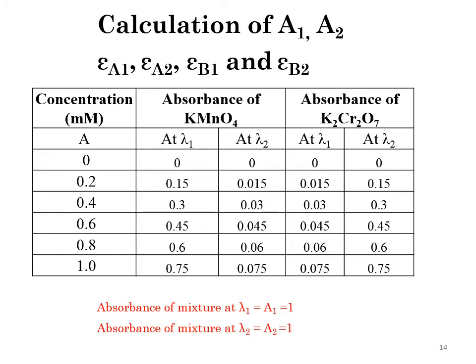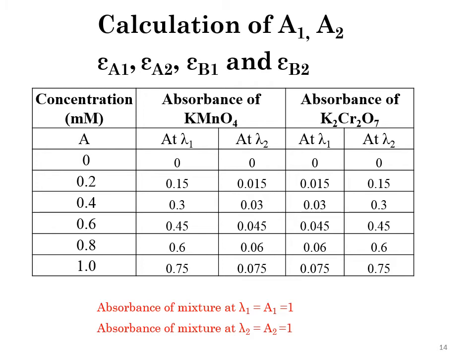For this purpose, the students will prepare aqueous solutions of KMnO4 and K2Cr2O7 with different concentrations as shown in this table. The first column from the left side represents the values of the concentrations. So the concentrations of KMnO4 and K2Cr2O7 will be in the range of 0.2 to 1 millimolar.